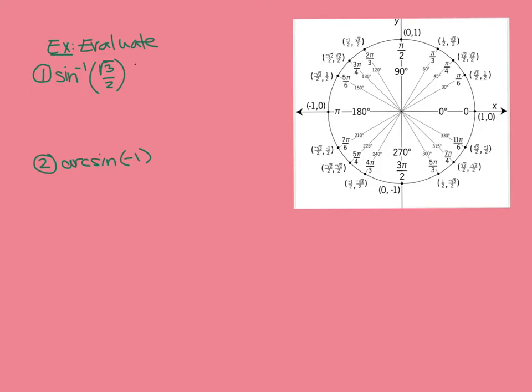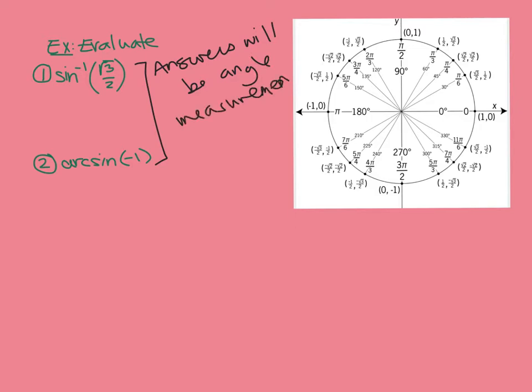And remember that usually we take the sine of an angle, but when we take the inverse sine, that means that our answer is an angle. People tend to get confused about this, there's just a lot of little things going on here. So your answers are going to be angle measurements.